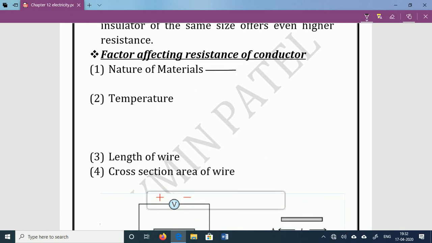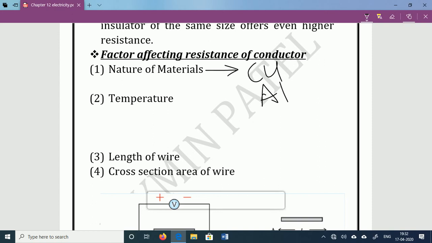First one is the nature of material. So it is obvious that if the material is going to change, definitely the resistance is going to change. Suppose I use a copper wire and I use an aluminum wire, definitely the conductivity, the flow of electrons, is not the same.